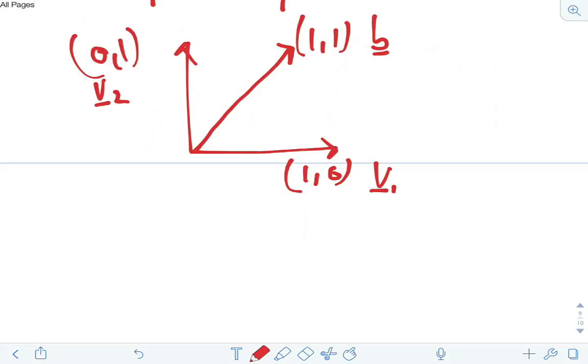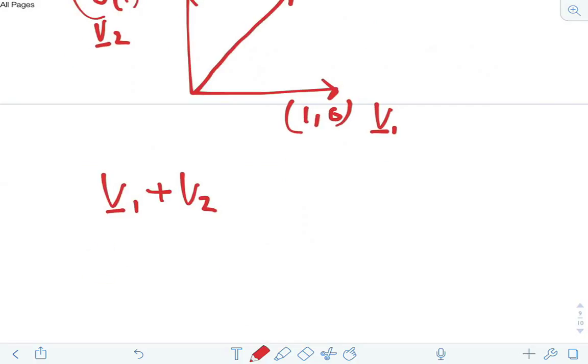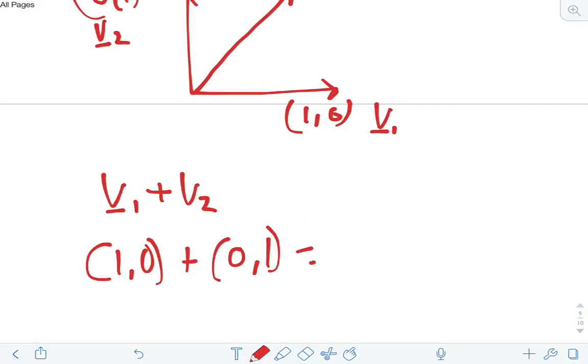And remember, when we sum vectors, we can sum the components, or we can think of it as head to tail. So if we add directly, for example, v1 plus v2, I will get 1, 0 plus 0, 1, which is equal to 1, 1, which is equal to b.